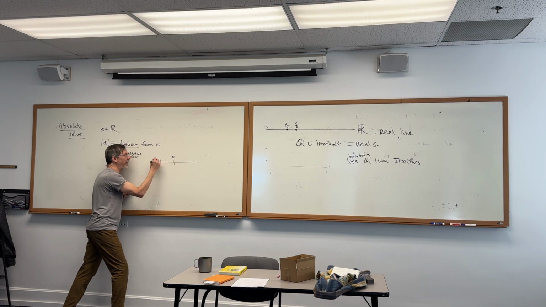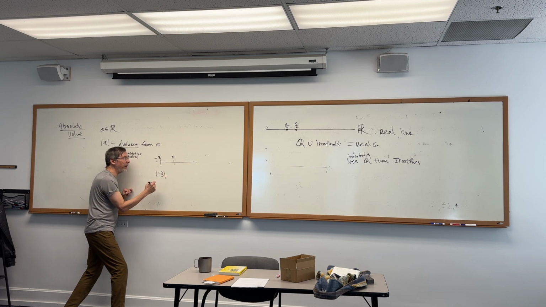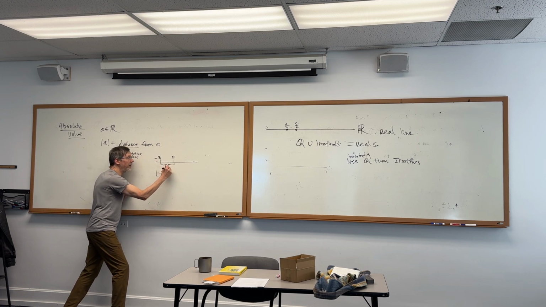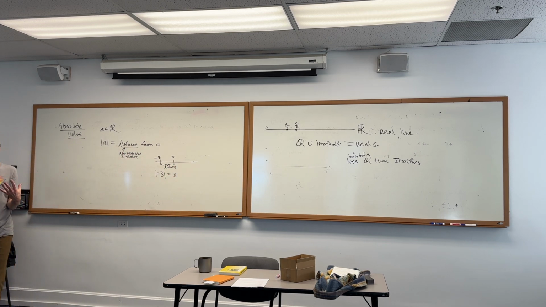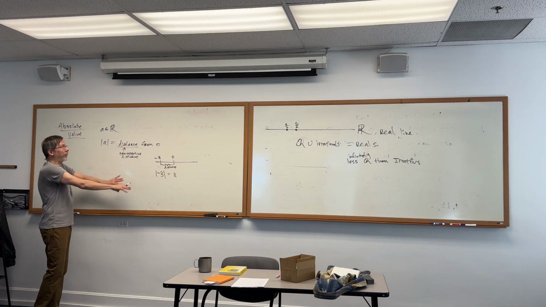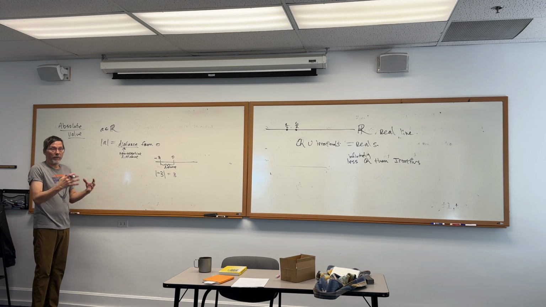So if I said, what's the absolute value of -3, using Camilla's definition, it's this distance here, which is 3 units. That's nice. That's a super intuitive way. I love that. And we'll keep that as our primal definition. It's a great one. You can picture it.